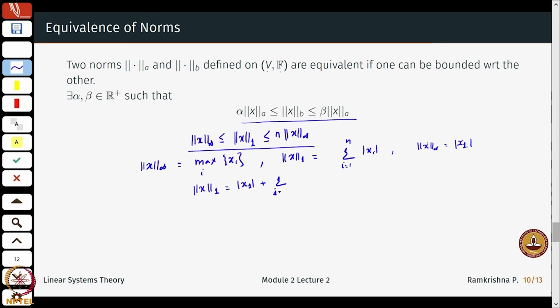Say the sum over i equal to 2 to n of |xi|. Now, this is the infinity norm, and then you have some other terms here, and therefore I can write that the infinity norm here is less than or equal to the 1 norm.